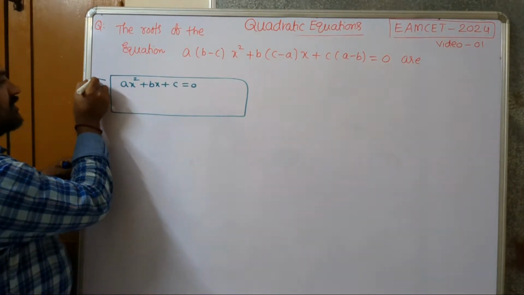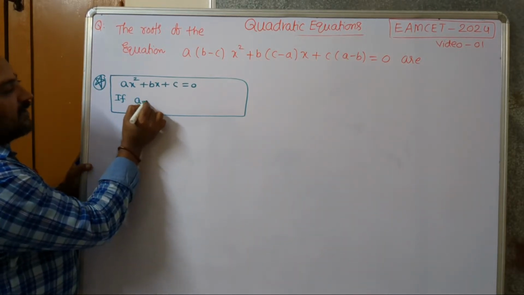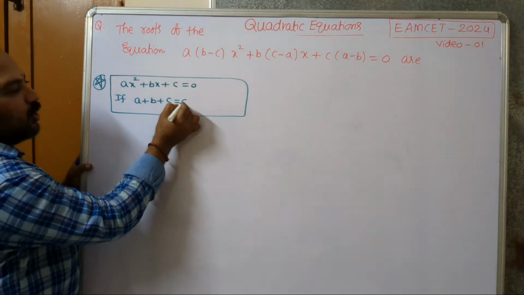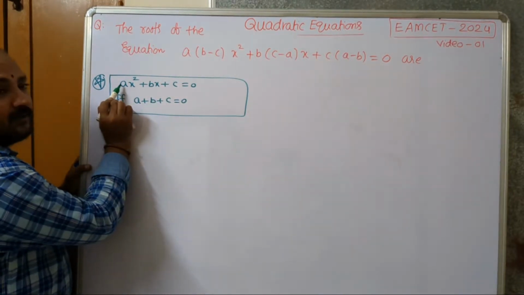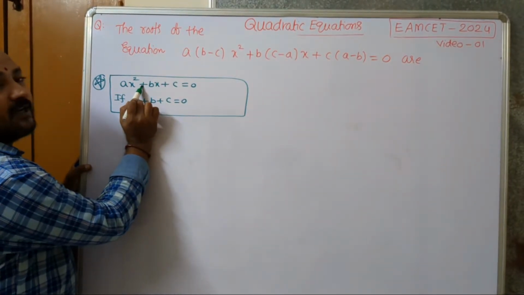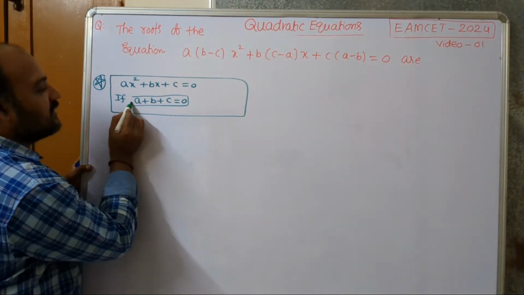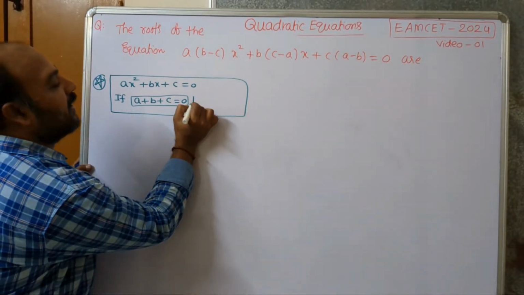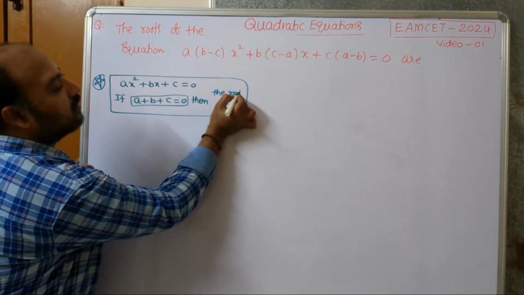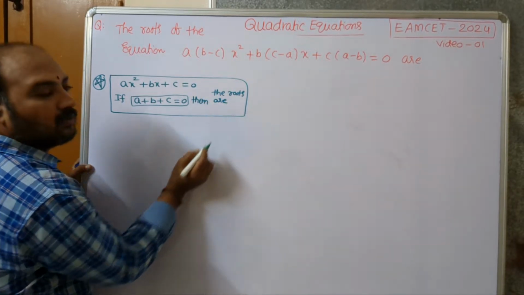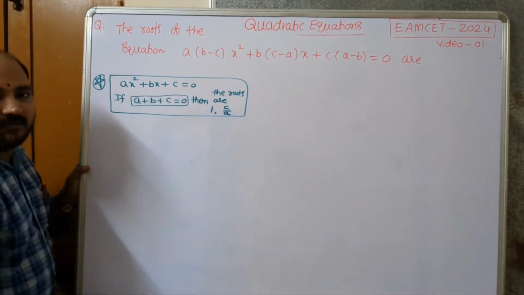In this quadratic equation, if a plus b plus c equal to 0, that means x square coefficient plus x coefficient plus constant value equal to 0, then the roots are 1 comma c by a, product of the roots.